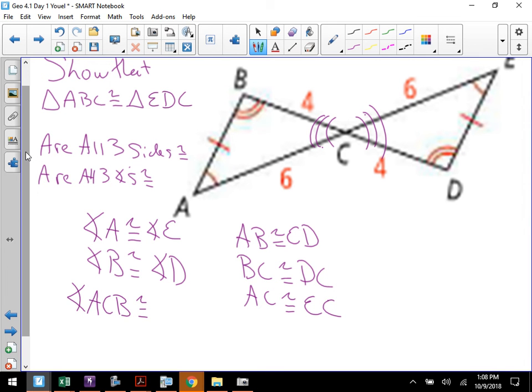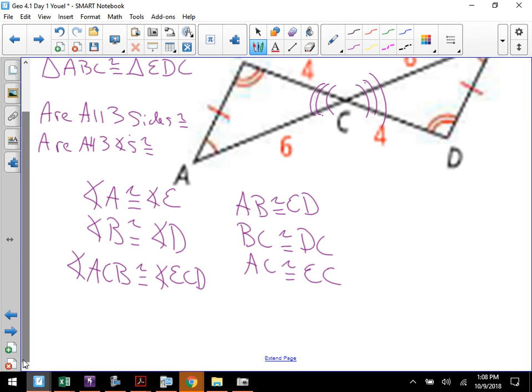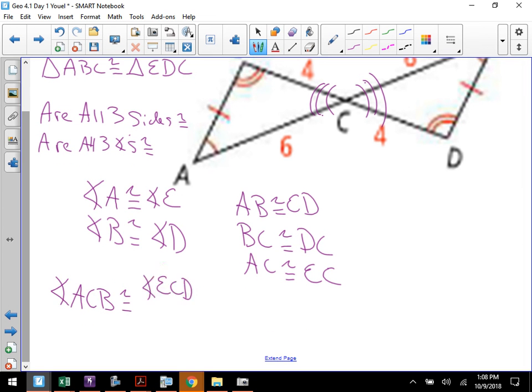Good. Louder. ECD. And the reason, if you think about it, if you were doing a proof on this, your reason would just be vertical angles. Because the rest of the stuff is technically given to you in the diagram. Those 5 other statements you were able to infer from the diagram because it was marked. It was given. Okay? That's kind of what we're looking at doing here today.